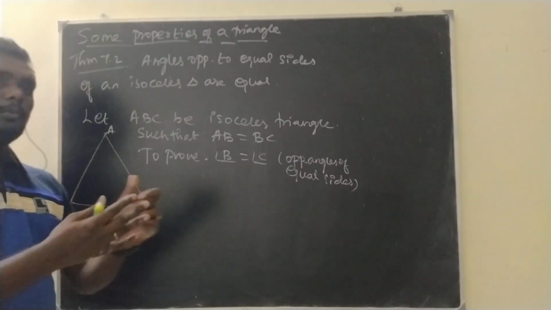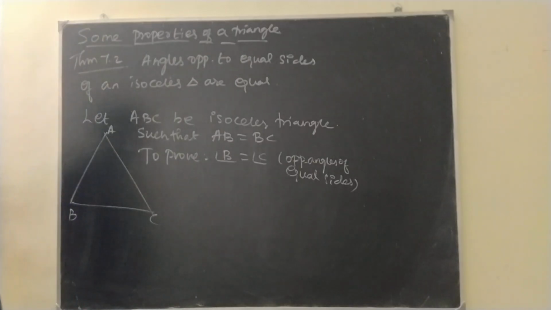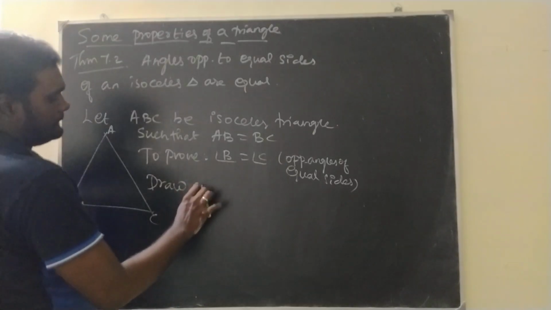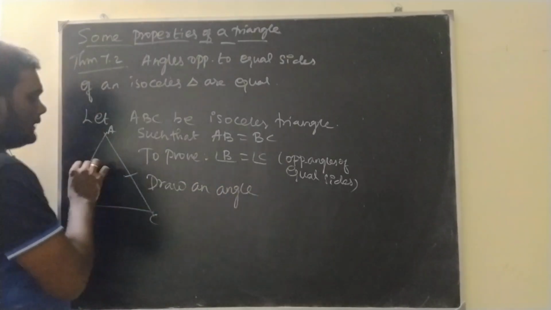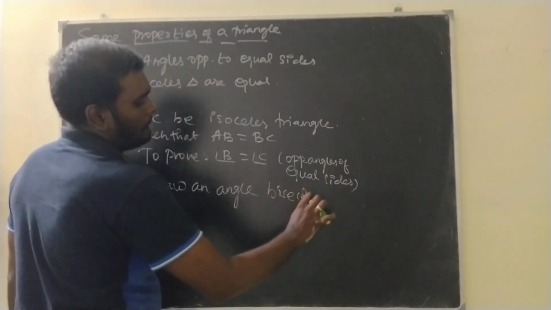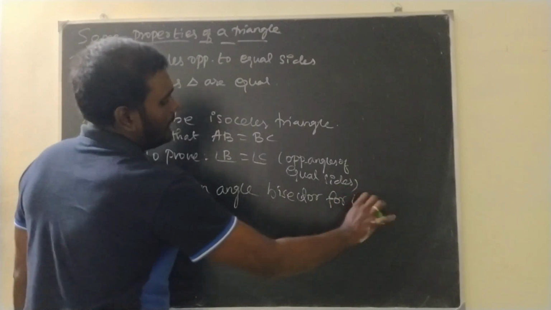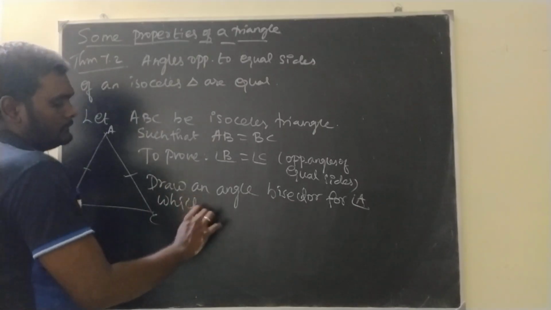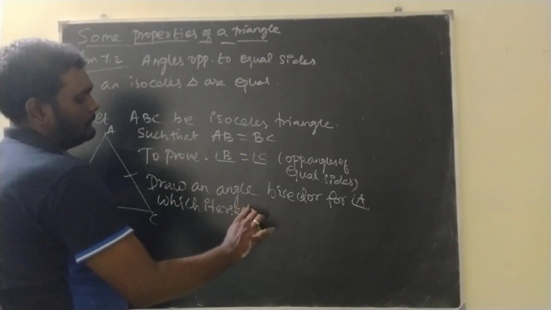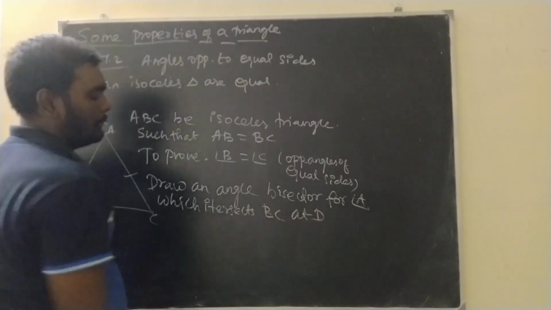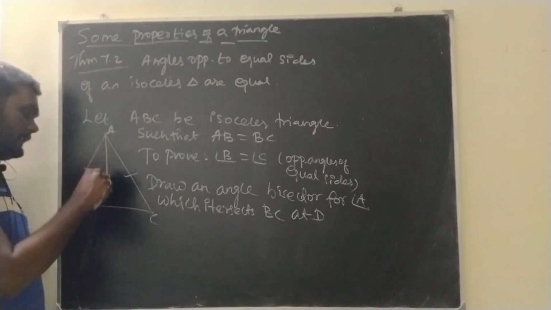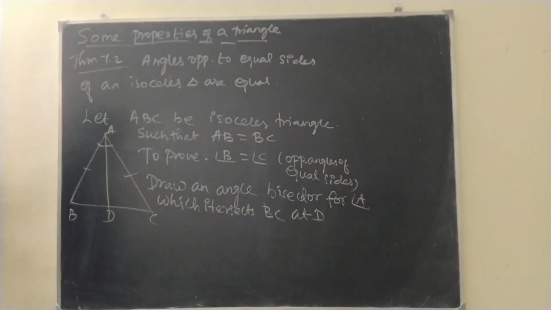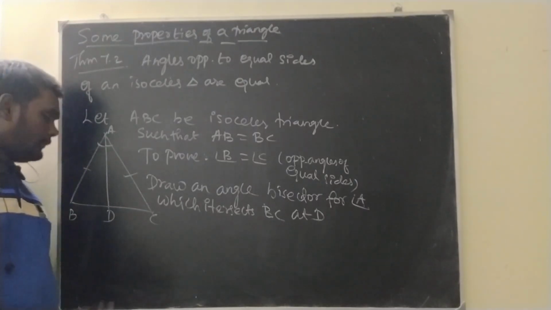First, we will split this triangle into 2 halves by drawing an angle bisector for the angle A, which intersects BC at the point D. So, I am going to draw an angle bisector for this angle A. That's it. Then it is easier to prove that these 2 angles are equal.